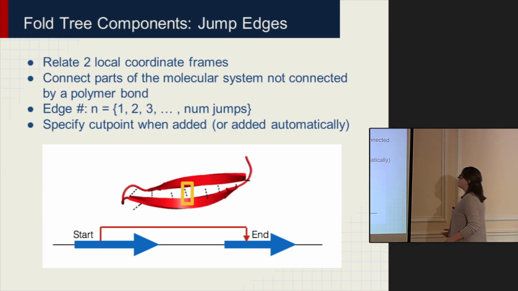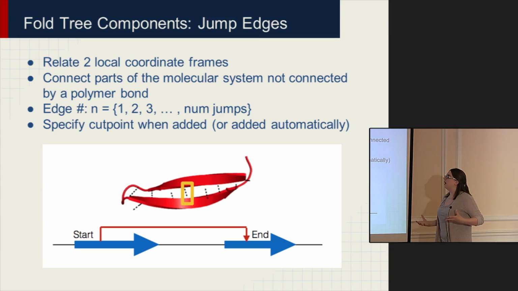The next type of edge that's used in a fold tree is called a jump edge. A jump edge is a special type of edge because you can relate two local coordinate frames. Examples of this would be if you had two chains that weren't necessarily continuous, or if you had a ligand in your system that you want to relate to the rest of the structure.